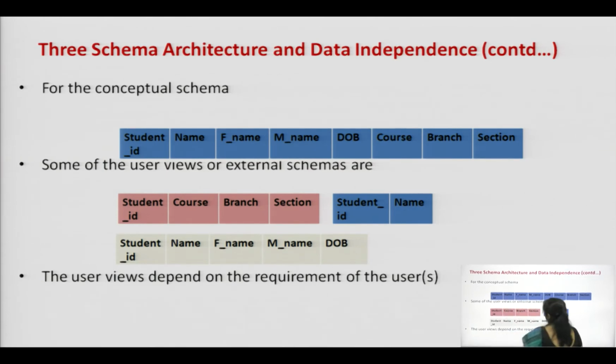Let us see an example over here. In this example, we see that this is a conceptual schema. That means, we have shown in the form of a relation, a schema, and these are the various attributes. Now, some of the user views at the external level can be just the student ID, course, branch, and section, because one user may require only these 4 attributes. He is not interested in the rest of the attributes. Another user may require student number and name.